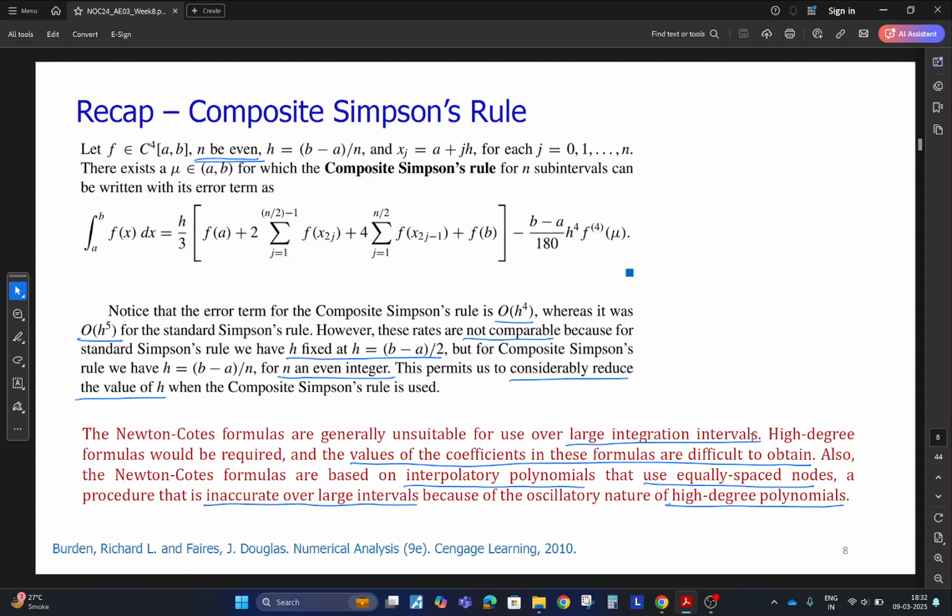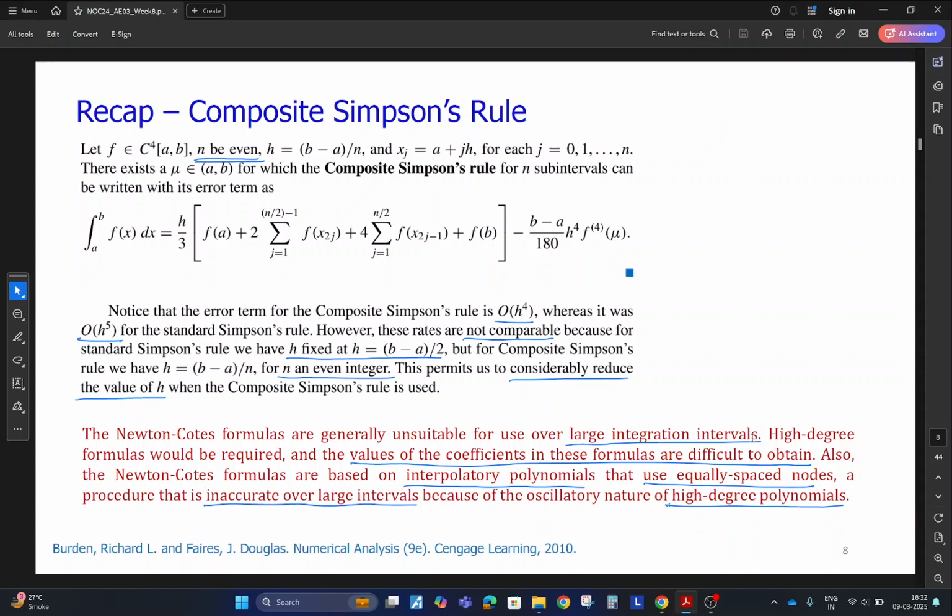Let xj be defined as a plus jh, where a is simply the left hand of the interval, h is the step size, and we are just incrementing the x locations starting from the left hand of the interval by the step size.